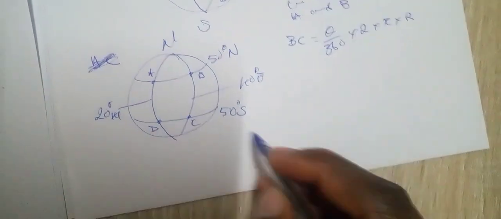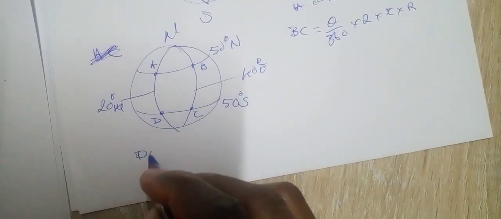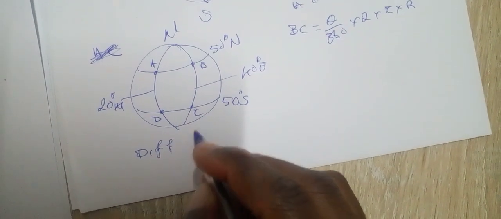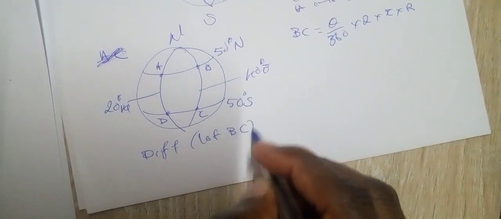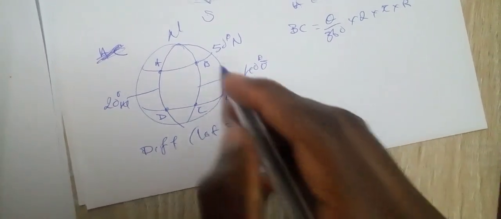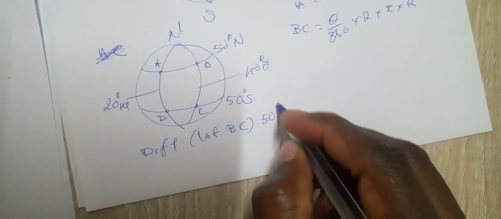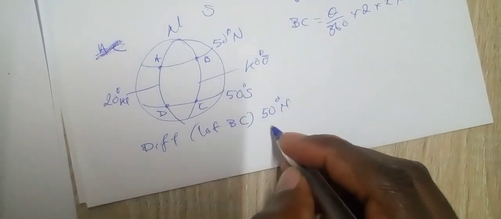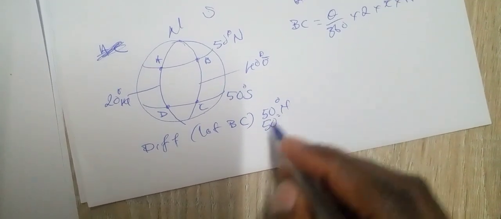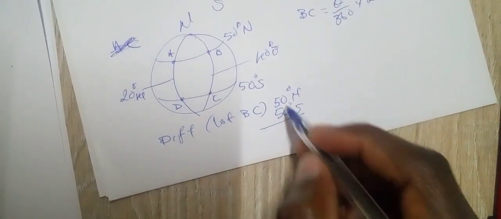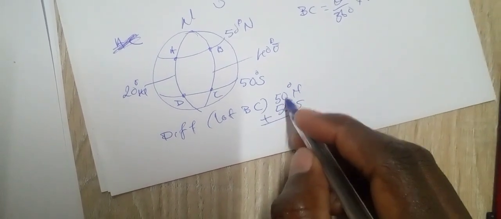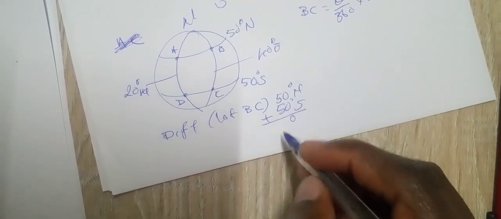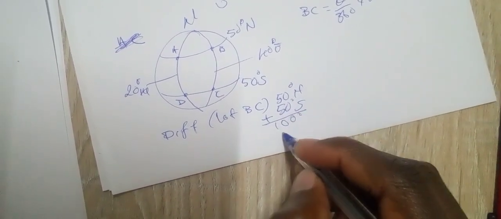So the difference in latitude between B and C is going to be, we have 50 degrees north and also 50 degrees south. Now, if they are lying in different hemispheres, we add. So it will be 50 plus 50, which is 100 degrees.